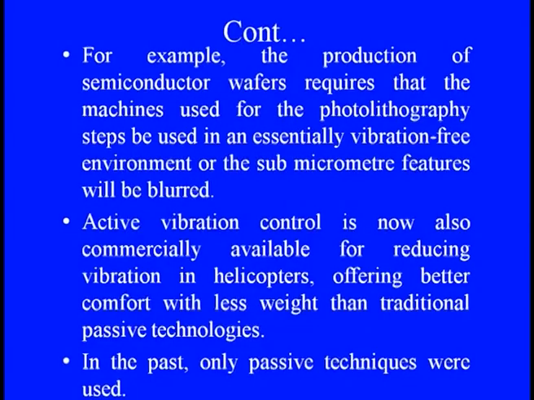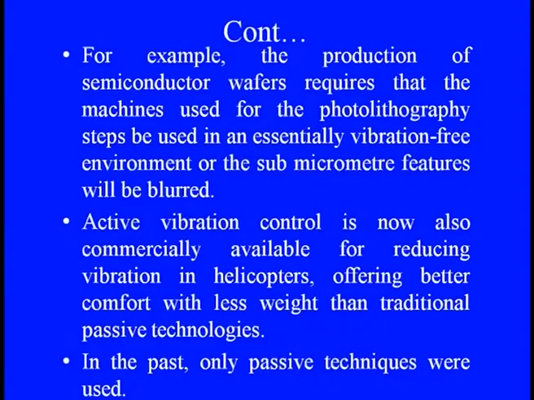For example, the production of semiconductor wafers requires the machine to be used for photolithography steps, and in this particular case we just want a vibration free environment, or any sub micrometer features will be blurred.